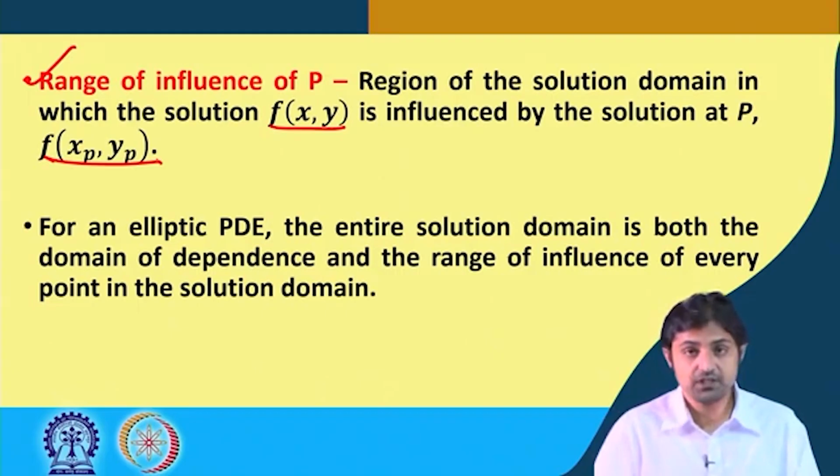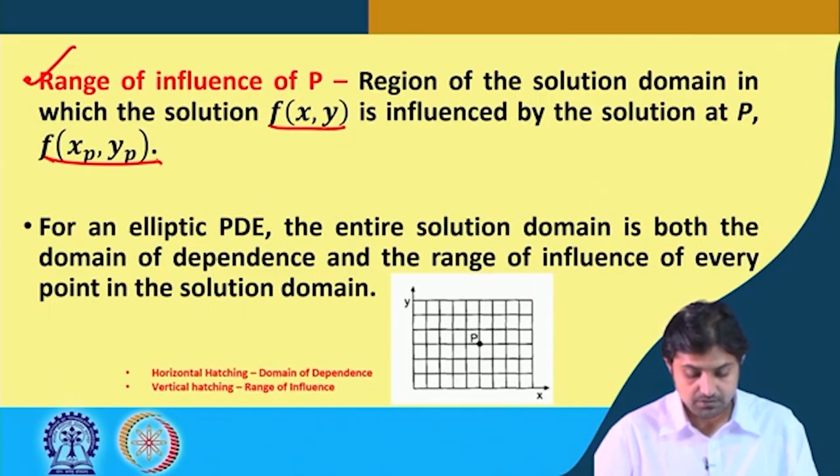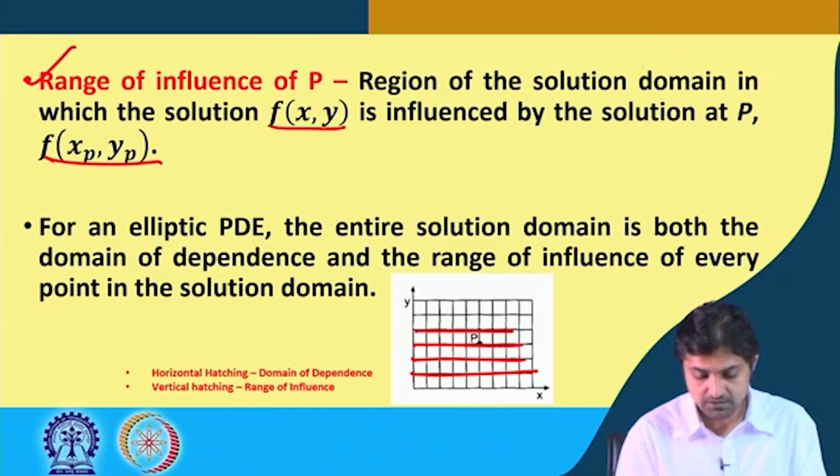Applying this to an elliptical partial differential equation, the entire solution domain is both the domain of dependence and the range of influence of every point in the solution domain. All right. So, the horizontal hatching here shows the domain of dependence, whereas the vertical hatching shows the range of influence.